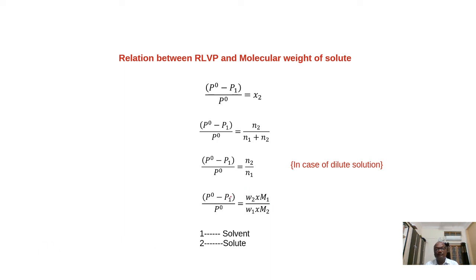So P0 is the vapor pressure of pure solvent, P1 the vapor pressure of the solution, W2 weight of the solute in grams, M2 gram molecular weight of the solute, W1 weight of solvent in grams, M1 gram molecular weight of the solvent. So W2 by M2, this part represents the number of moles of solute, whereas W1 by M1, this part represents the number of moles of solvent.